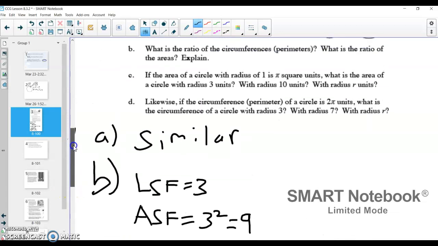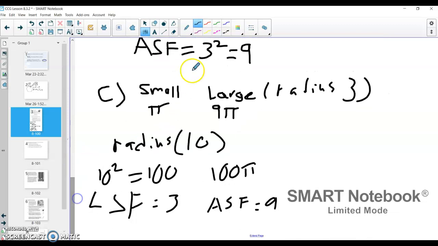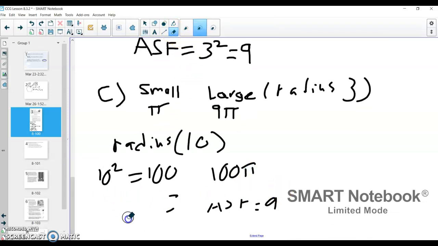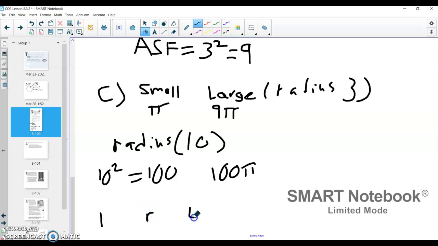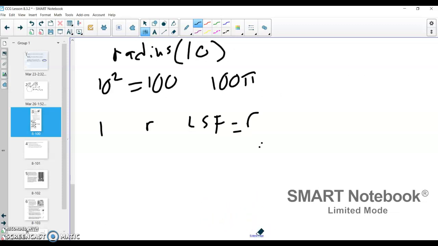If it was r units, it's the same kind of idea. You're going from radius 1 to a radius that's r. And so from 1 to r is a linear scale factor of r. If your linear scale factor is r, then your area scale factor is equal to r squared.